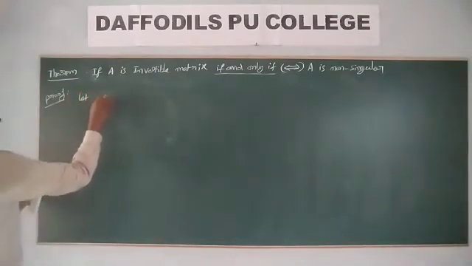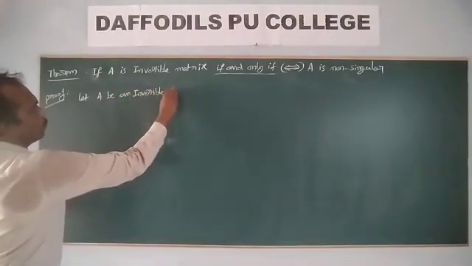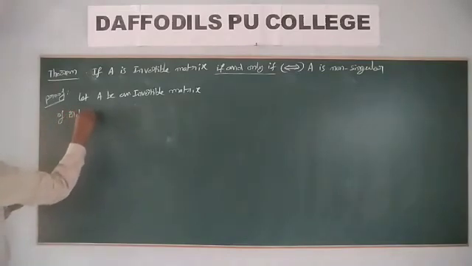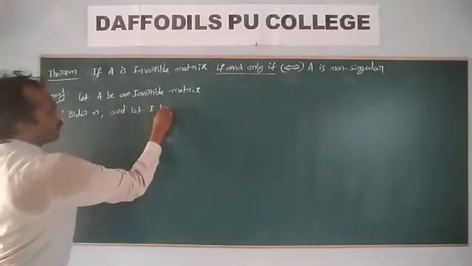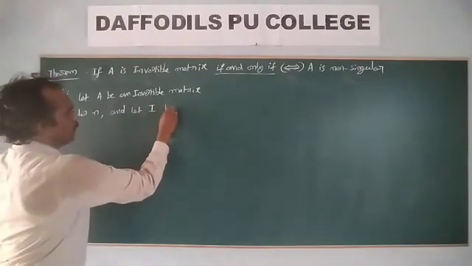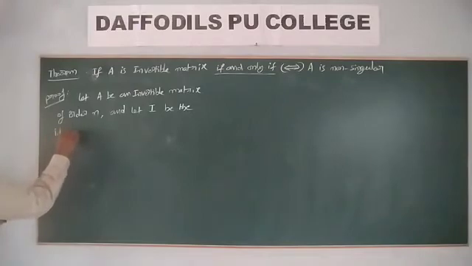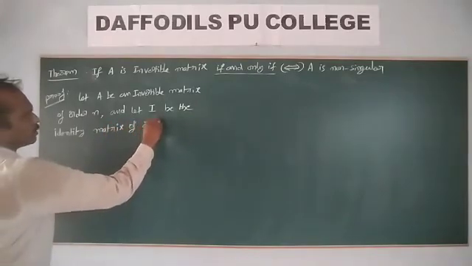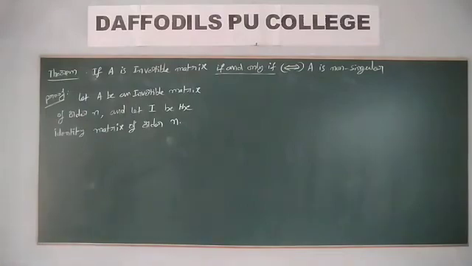Okay. Let A be an invertible matrix of order n, and let I be the identity matrix of order n.